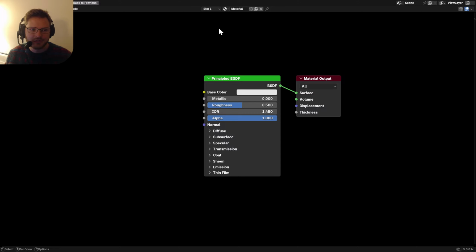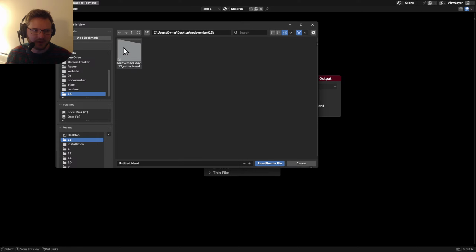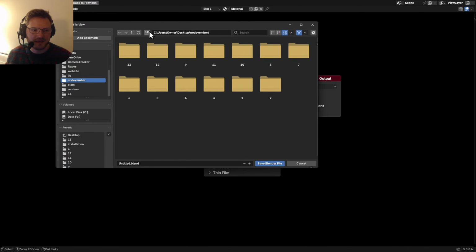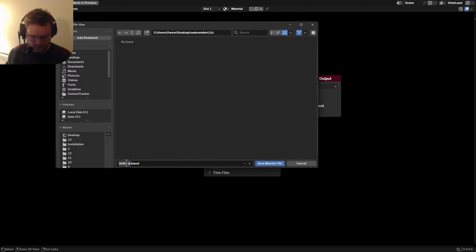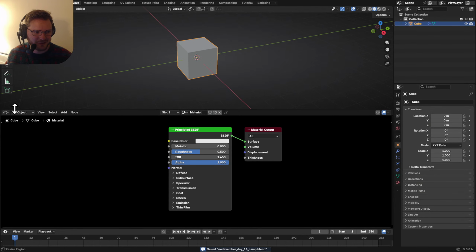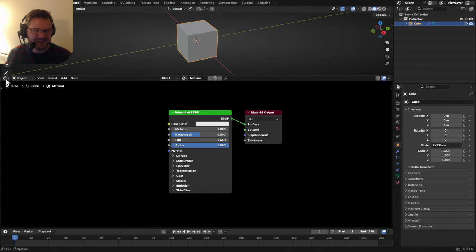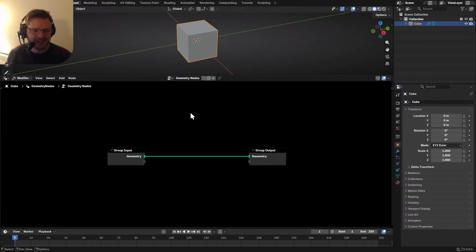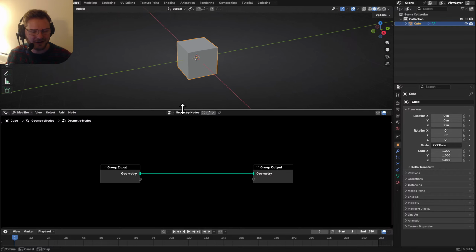Okay, so what do I want to do? I want to save day 14, Nodevember day 14 camp. And I'm going to be really interested to see if I still have the skills. I feel like I've been sedated by geometry nodes, its ease of use, that can I still do a hard shader nodes thing?